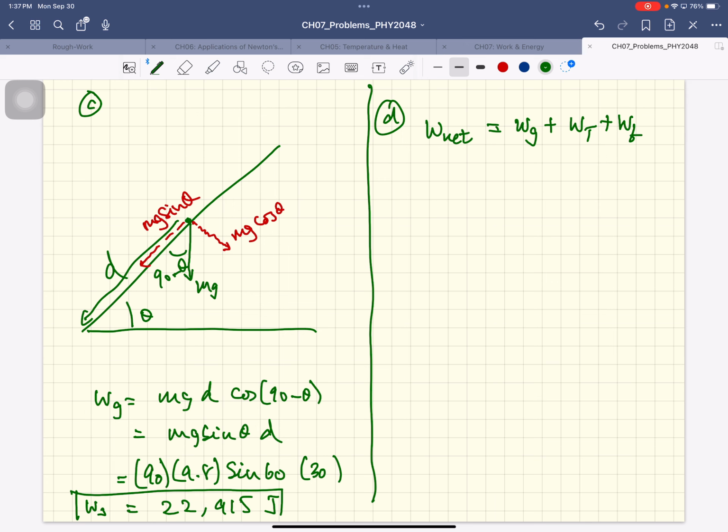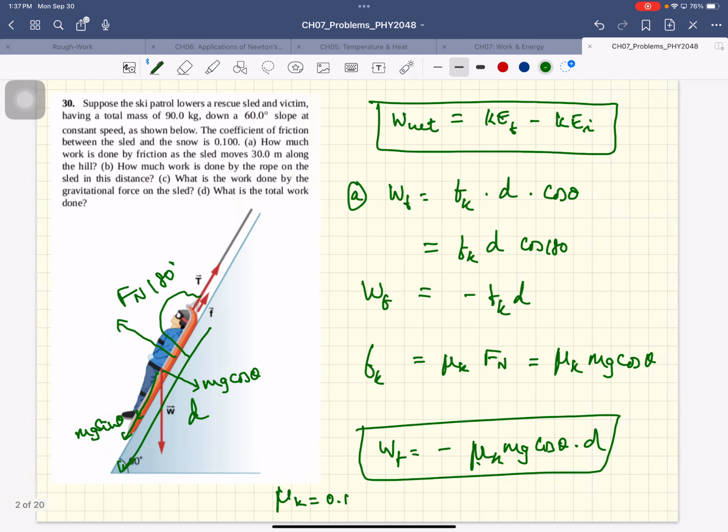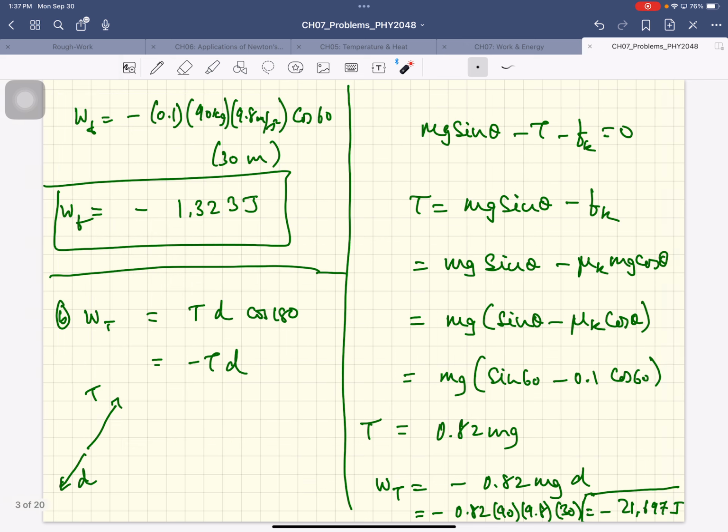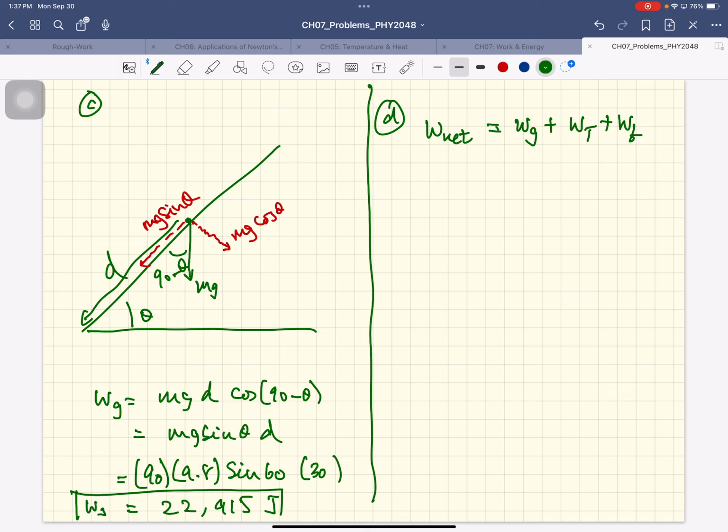Is there any other force? There's gravity, there's tension, there's friction, and what was not drawn was the normal force, so that's the other force. Plus work done by normal force. Work done by gravity is 22,915 joules.